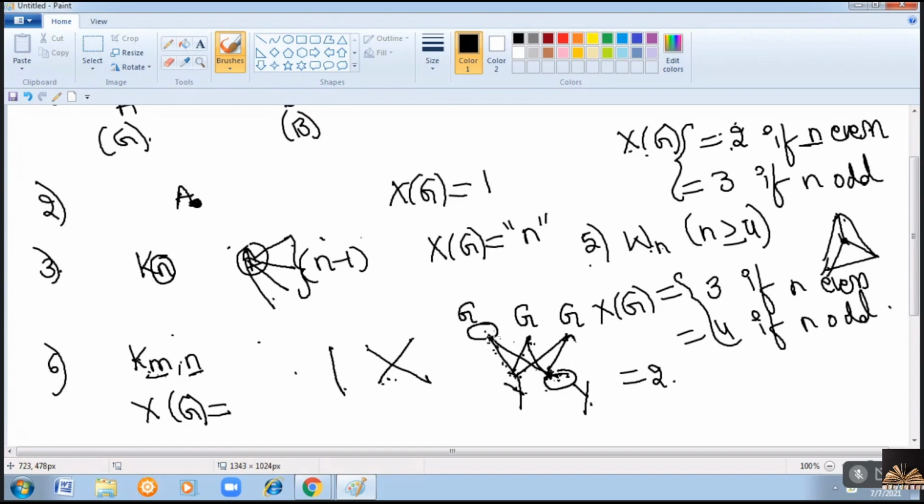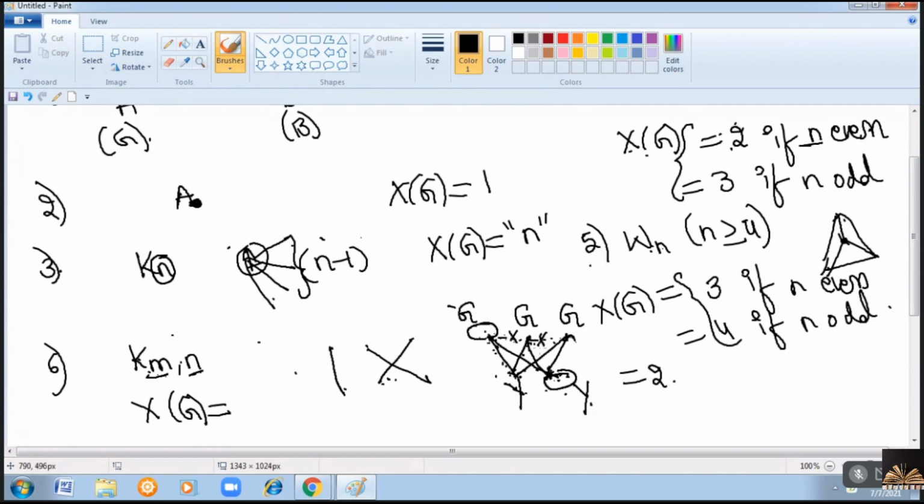No. Why? Because all the edges have one end in one group and another end in the second group, right? So no vertices in the first group are adjacent. If you had adjacent vertices like this, then the adjacent vertices would have the same color. But this is not there in a complete bipartite graph.